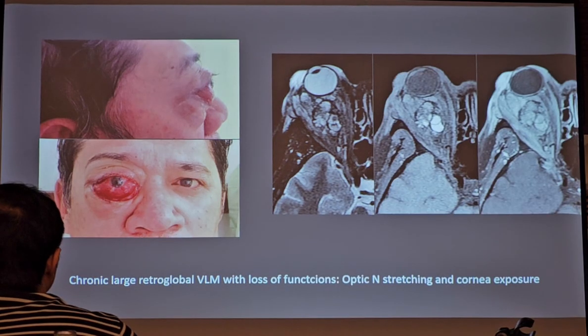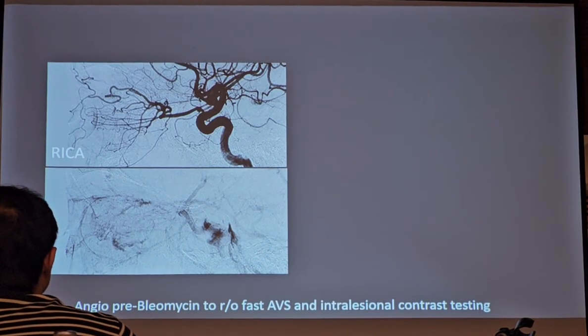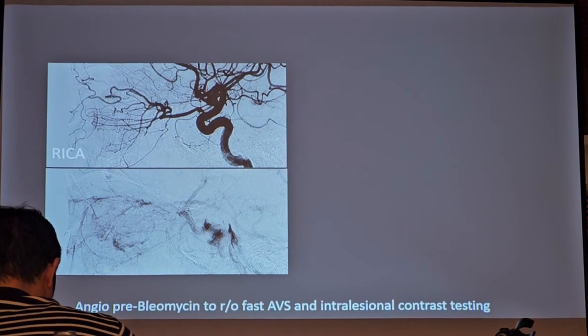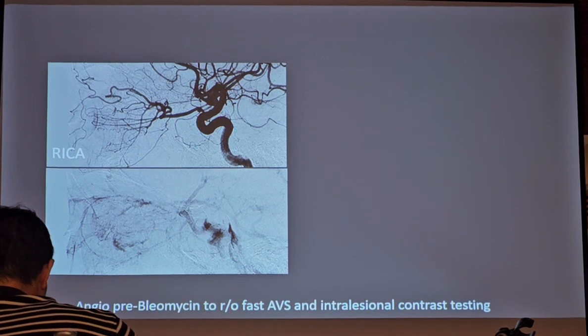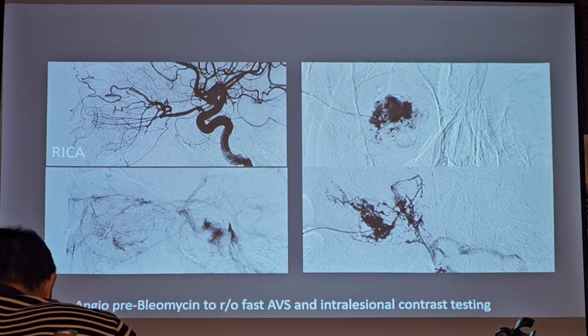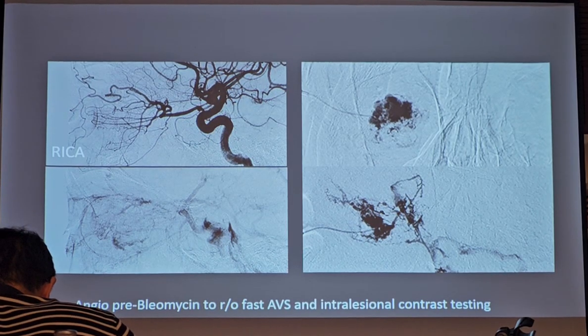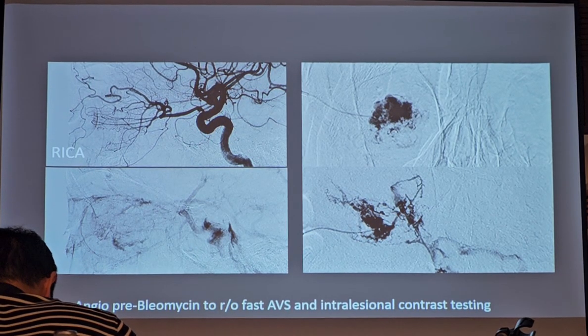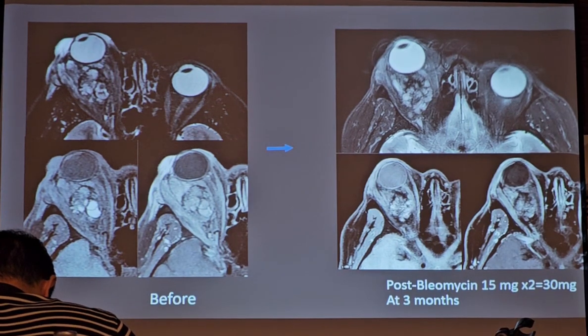There's a very bad lesion over there, and we were able to see that this is a fast-flow lesion, with intralesional contrast testing. So we were sure that there is no connection there. We were able to do whatever we tried to decrease the shunt.